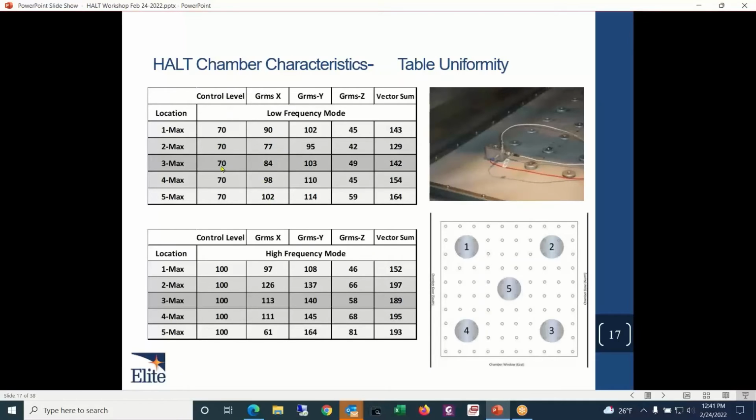GRMS values. This set point control level is measured at an accelerometer underneath the table, and these values here are the GRMS we're reading off of this accelerometer in the X-axis, the Y-axis, and the Z-axis. We can make our own little vector sum of the X, Y, and Z to come up with these values. Our particular machine has what's called a low frequency mode and a high frequency mode, which gives us a little bit of adjustment to move the character of that vibration around.